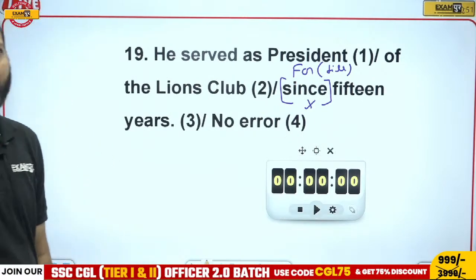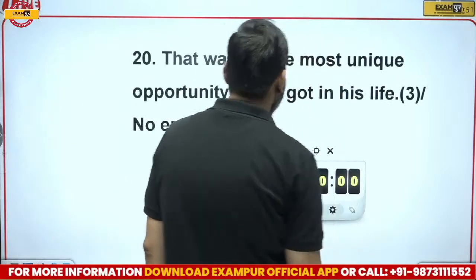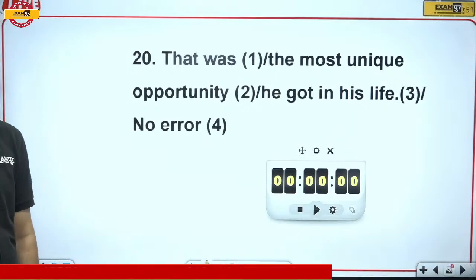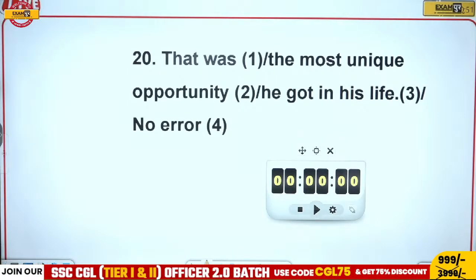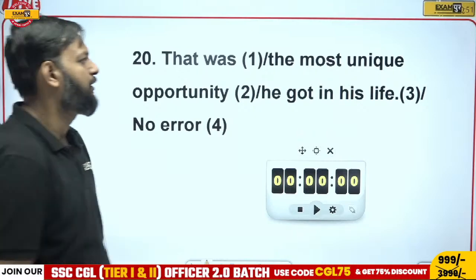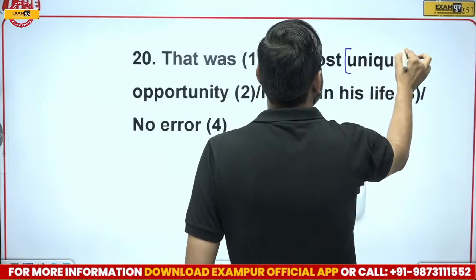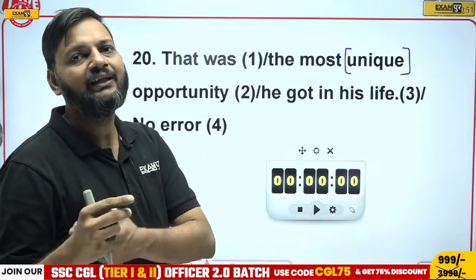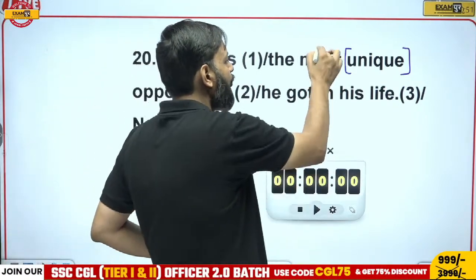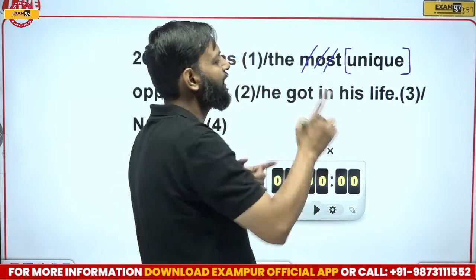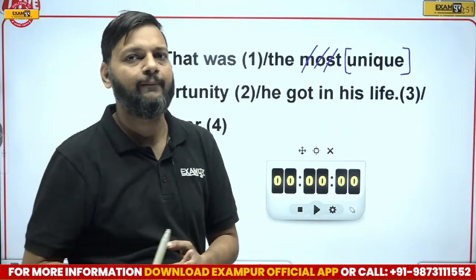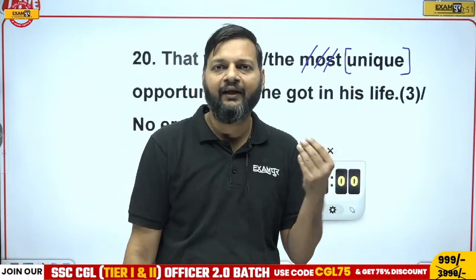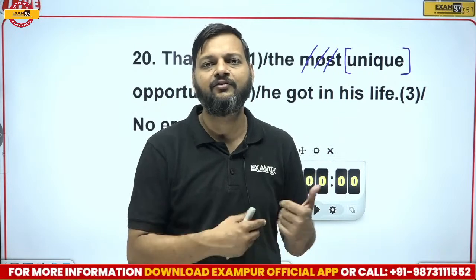Now the last question. That was the most unique opportunity he got in his life. This is a very easy question. The word unique is already in the superlative form. There is nothing more than unique. So most is superfluous; most cannot be used with the word unique. This is part of adjectives, which you will study later.